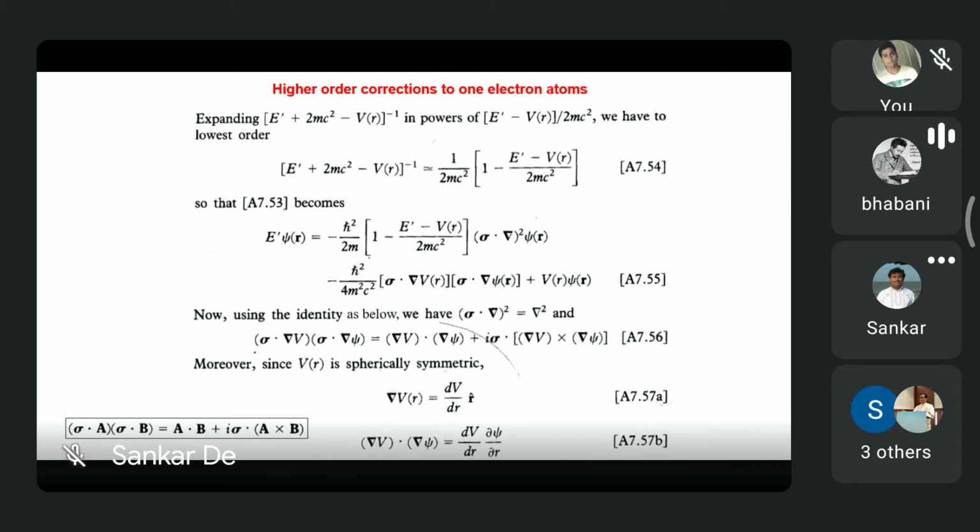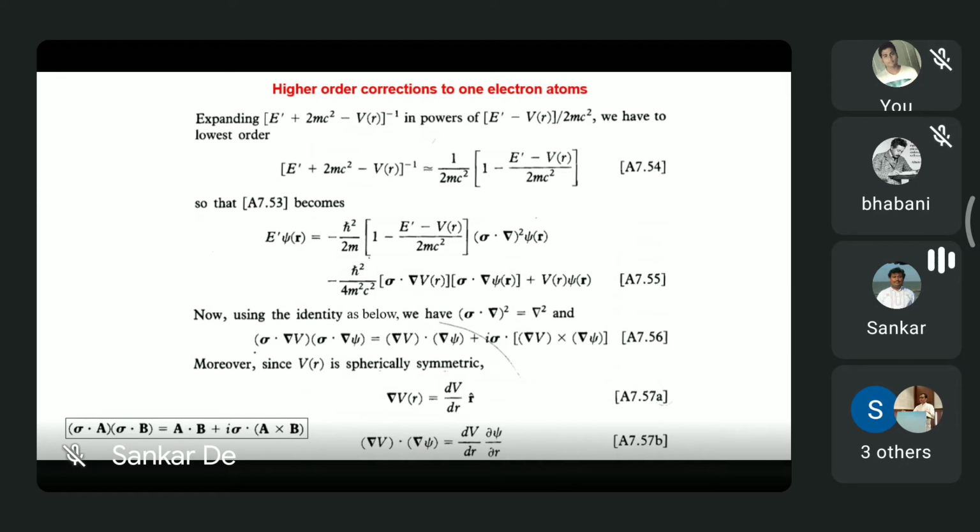This is only possible if 2mc square is very high compared to E prime minus Vr. I guess that is implied, because we are working in the non-relativistic limit.